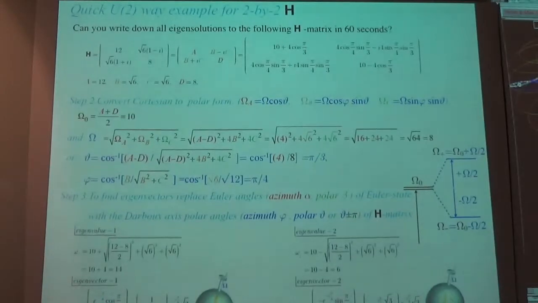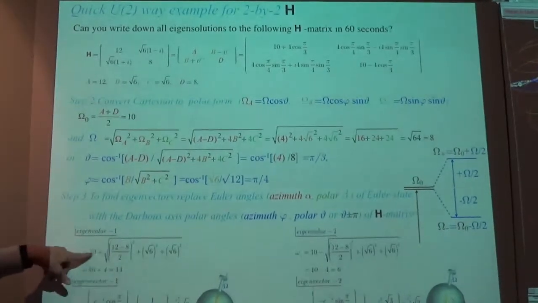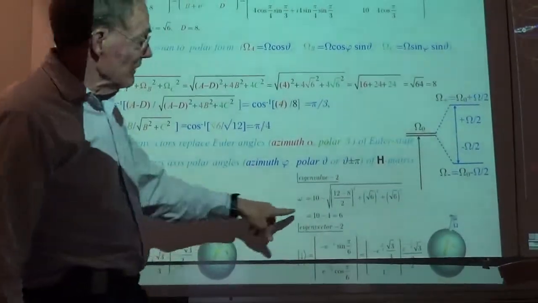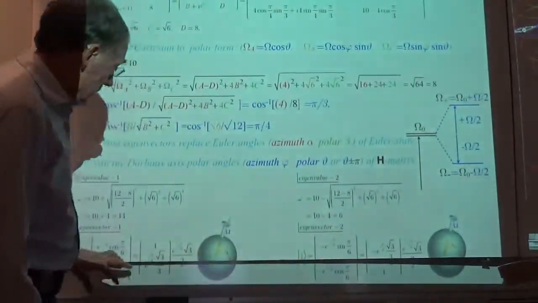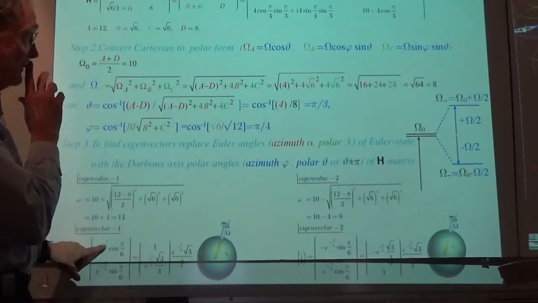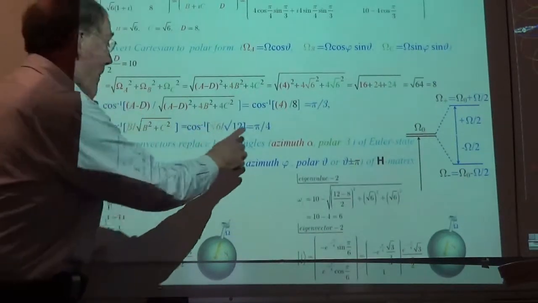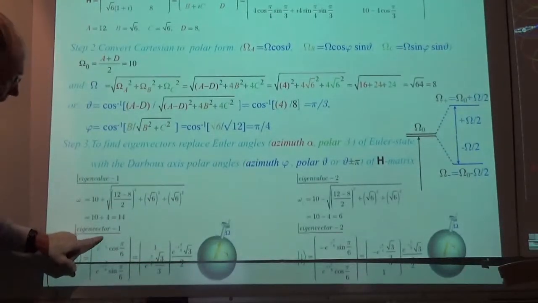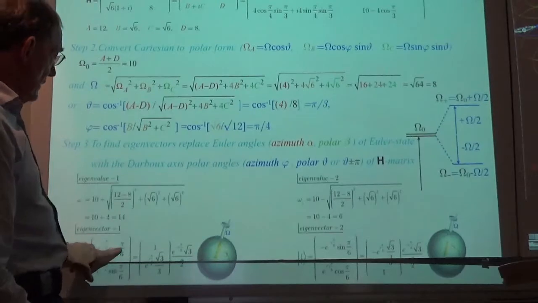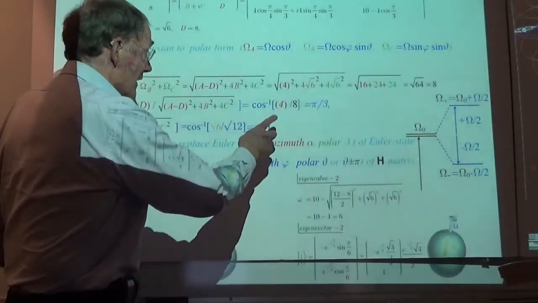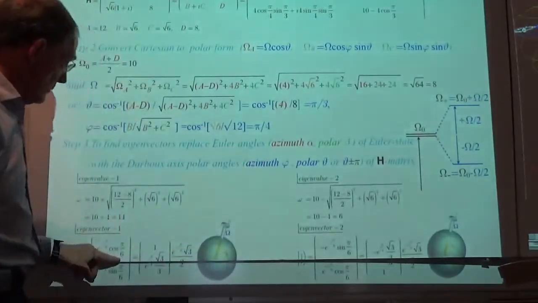Okay? So this is the eigenvalue that we were just talking about up here. 10 plus 4 is 14, 10 minus 4 is 6. Here are the actual eigenvectors. By replacing the phi angle that comes up here in the alpha place, and then the beta place gets stuck with the angle theta, which in this case is pi over 3.